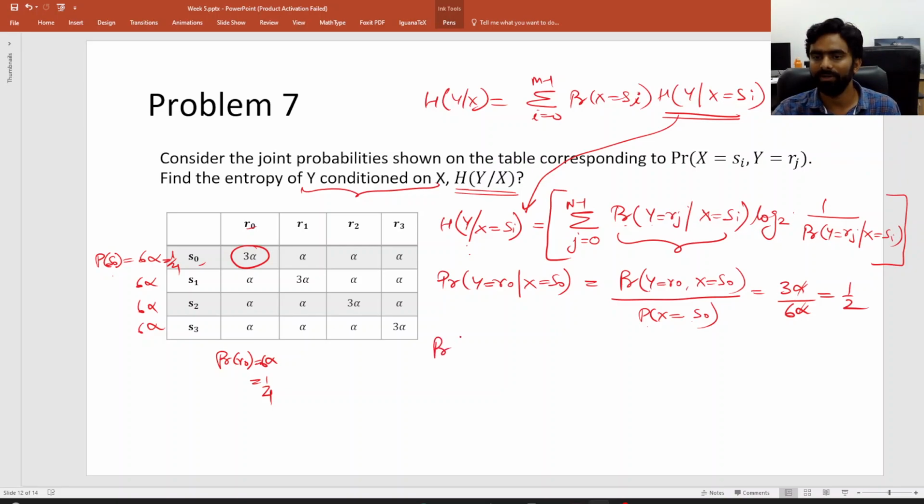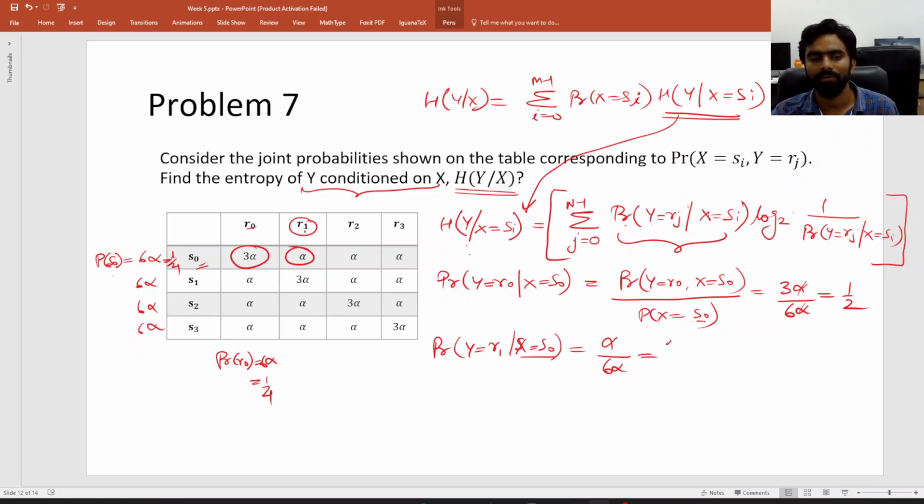Similarly, probability of Y equal to r1 given X equal to s0 would be probability of Y equal to r1 and s0, which is alpha, divided by probability of X equal to s0, that is 6 alpha.